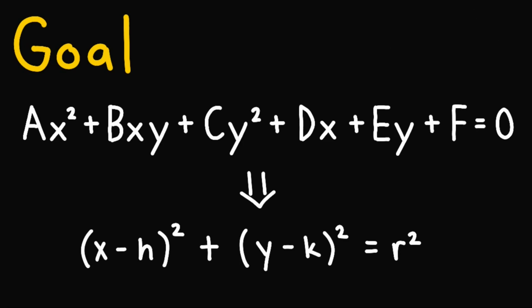In that, we talked about what the center radius form is. But essentially, the center radius form is given by this form, wherein h and k represent the center of the circle, with r representing the radius. So that is why it is called the center radius form.